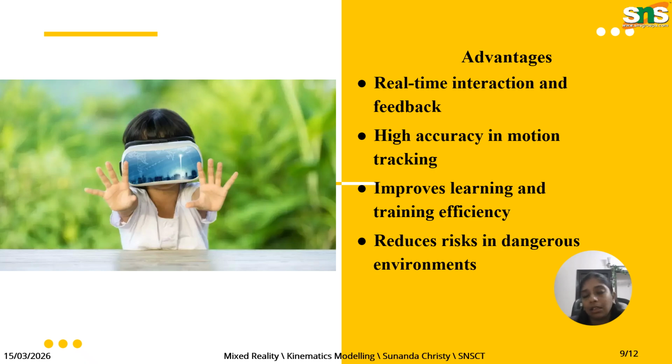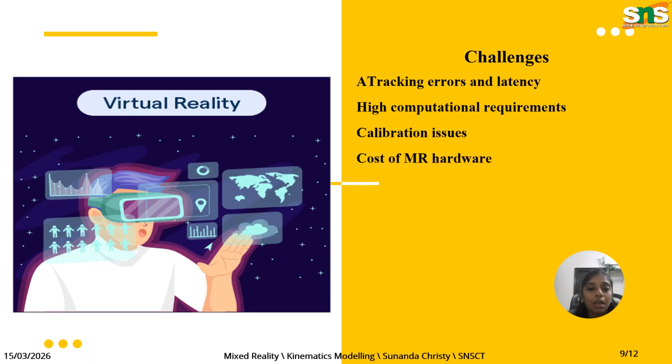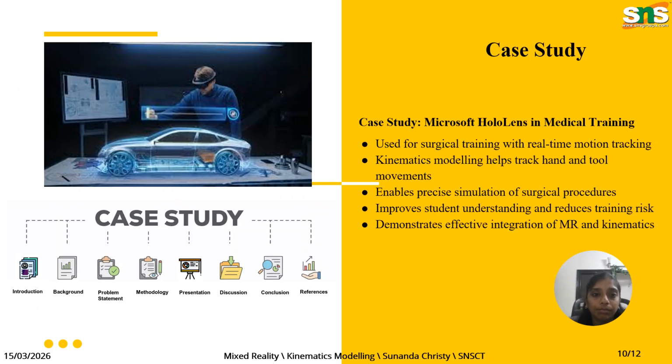The foremost advantage is that it reduces the risk in dangerous environments. It also has a few challenges: tracking errors can occur, some calibration issues can arise, and it is not cost effective, as it is a little high in cost.